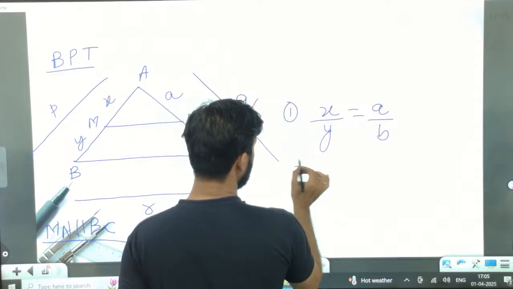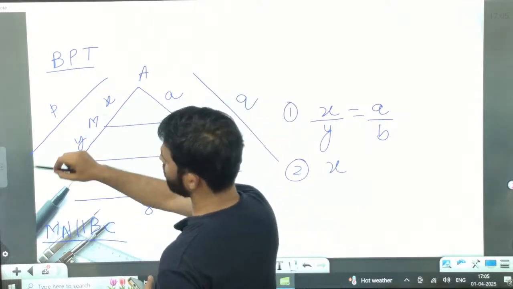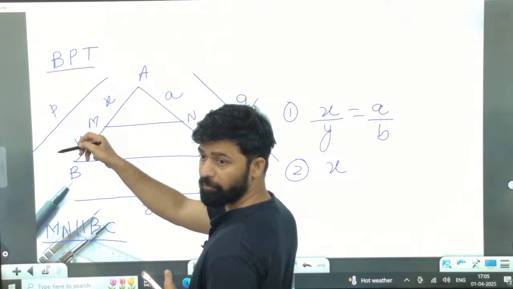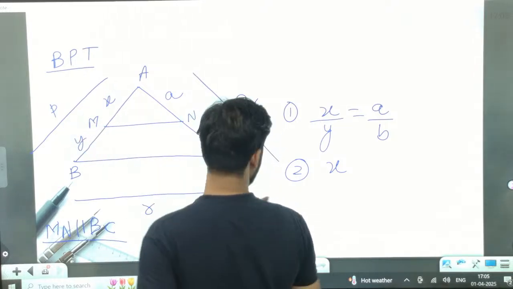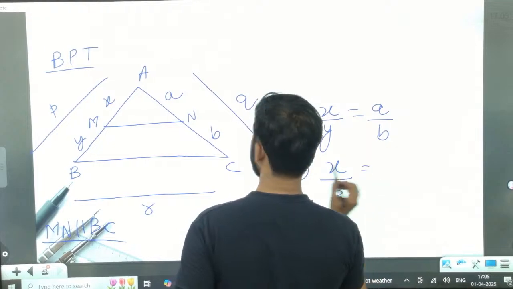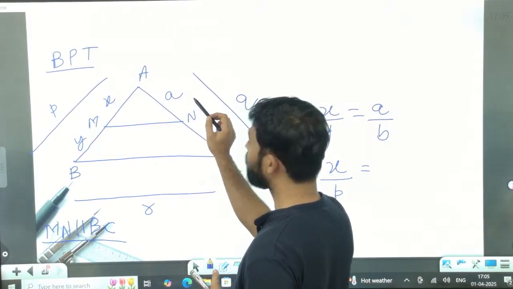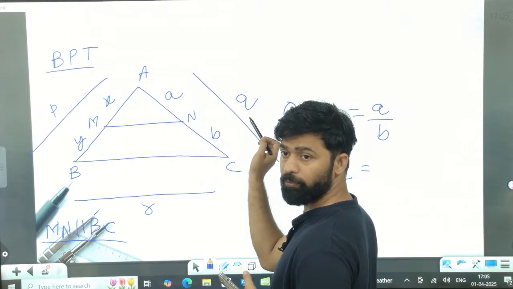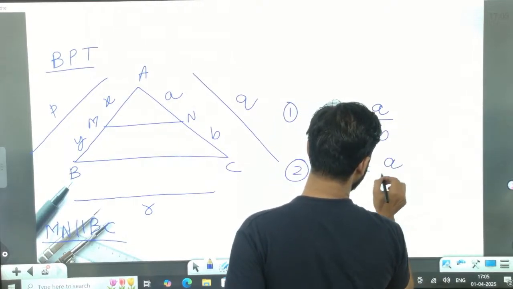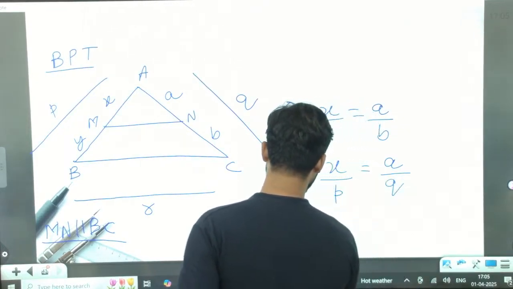Second one, I can write x upon the whole length P. So here we have to take A upon Q. This is the second result.